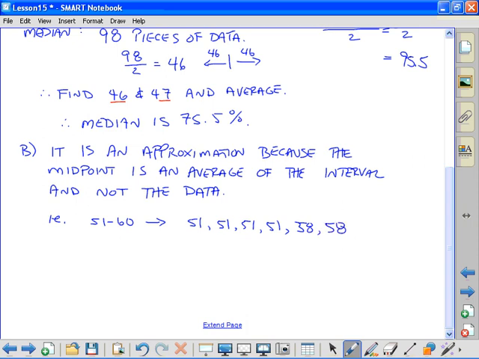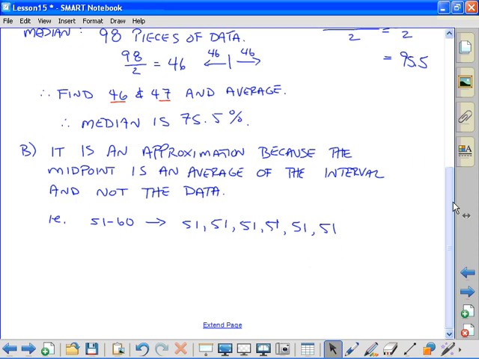We can see the average of this is not going to be 75.5 because most of our data is occurring at the low end of the interval. Or, to make it even more apparent, and we don't know this, it could be all 51s. Every piece of information in that interval could be 51. So we're actually averaging it out too high.